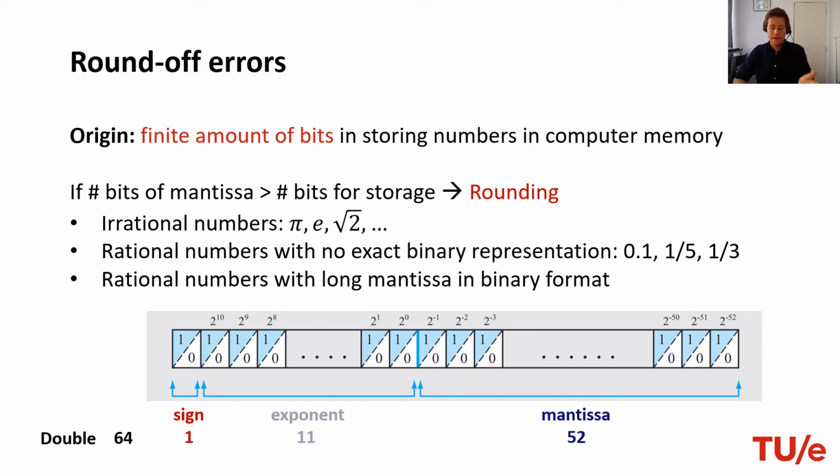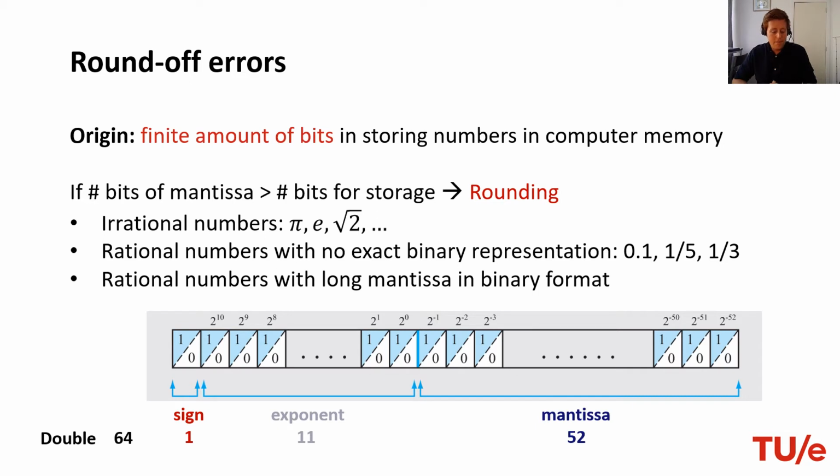So in our previous example, if we had thought this through a bit more, we could have already guessed that the number pi could never be represented exactly in a computer with a finite amount of bits available for storage of numbers.